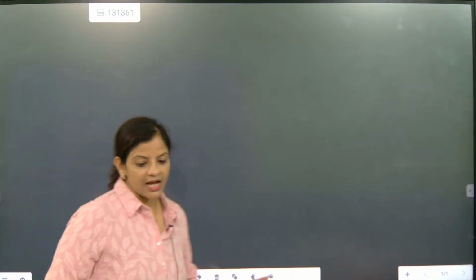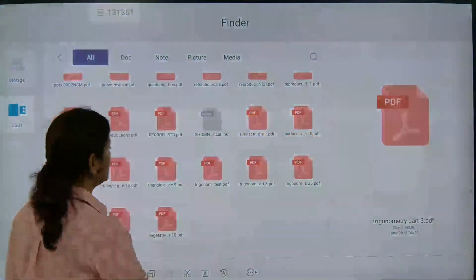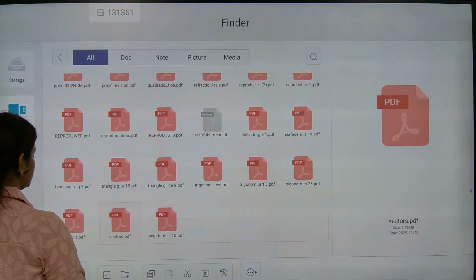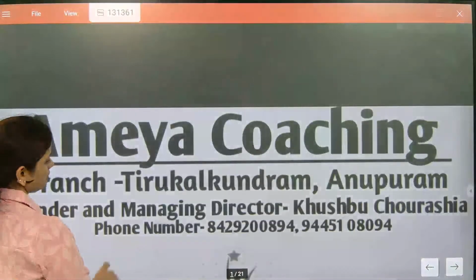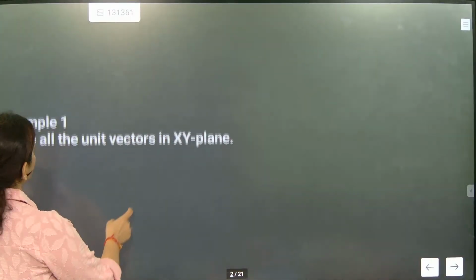Now look here. We're starting the class. So that last class question was there. Now I think it is there in the set, means one set I'm going to provide you. Vector part 1.